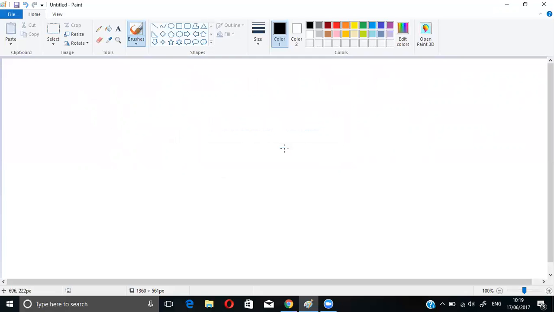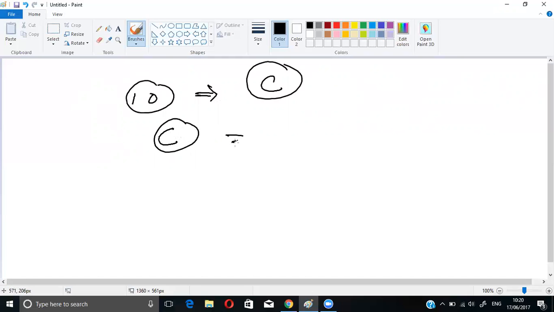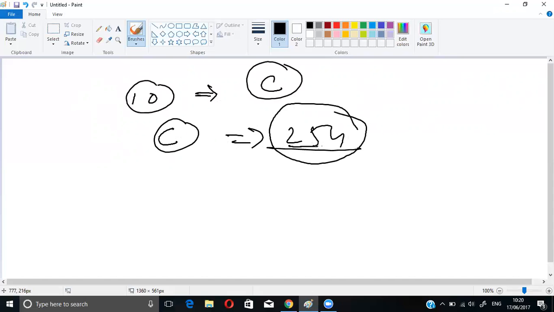Now we'll learn something that is highly required. Let's say I require 10 systems. At that time we will go for class C. But while using class C, we get 254, and actually how many hosts do I require? 10.